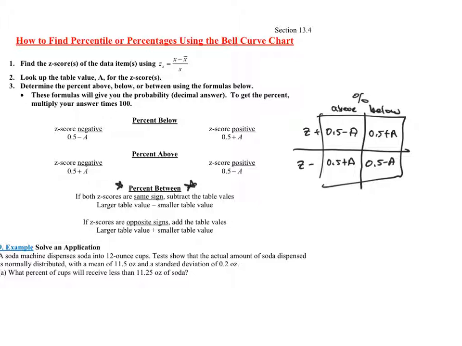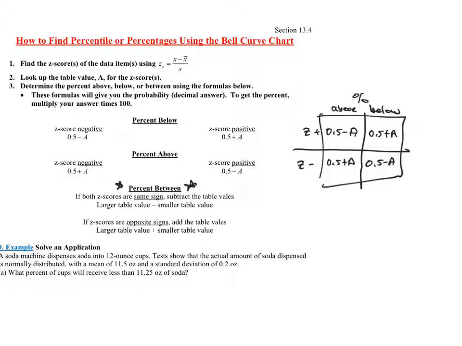Again, if they're the same sign, you find the chart values and subtract the chart values. If the z-scores are opposite signs, one positive and one negative, find those chart values and actually add them together. So that's how you can answer all of the questions in all the different possible cases for these problems.